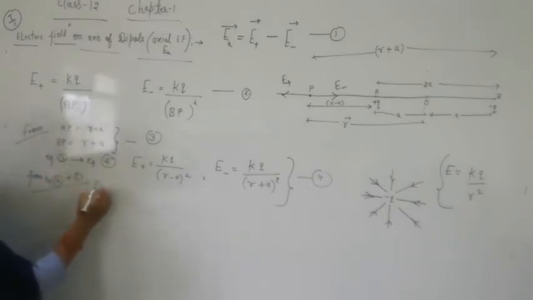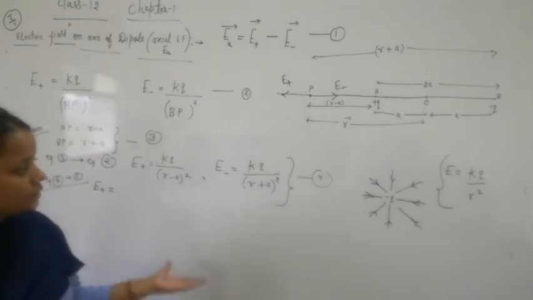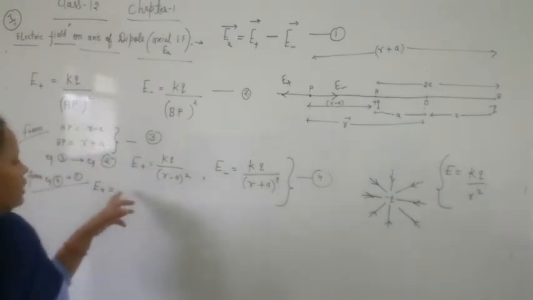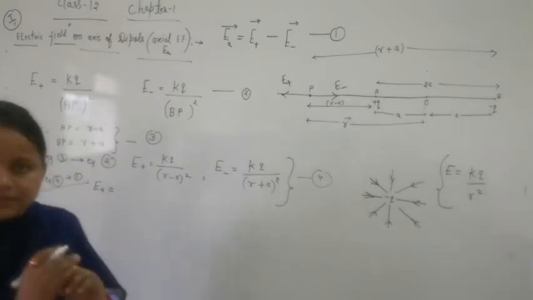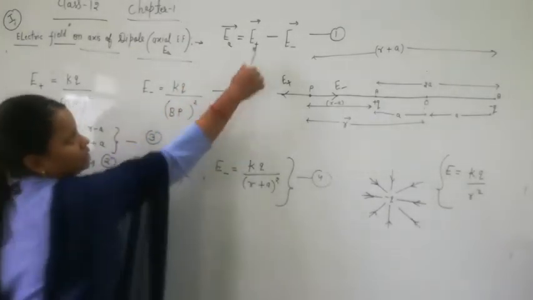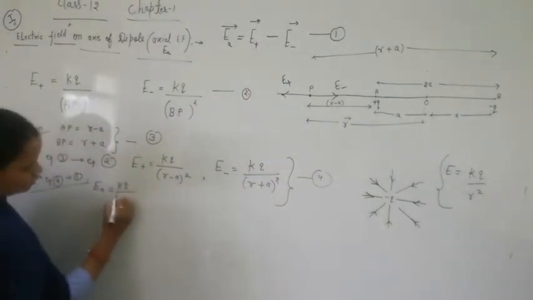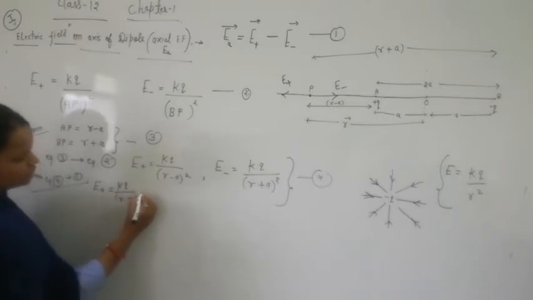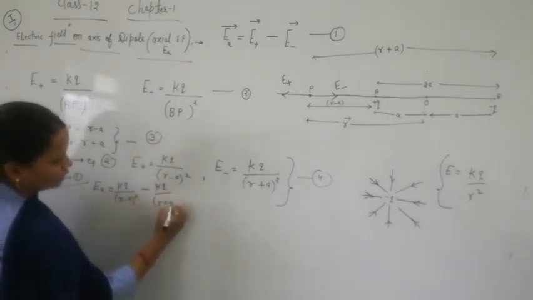So the resultant axial electric field is equal to, we are calculating the electric field in magnitude form. The direction concept is considered at the last. So E plus minus E minus. So KQ upon (r minus a) square minus KQ upon (r plus a) square.